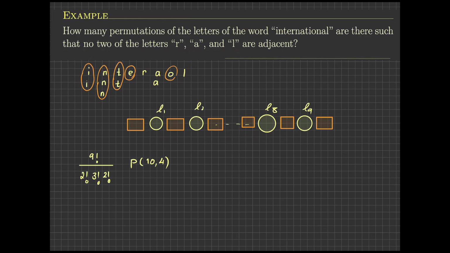But this is not correct unless we divide by 2 factorial. Let us consider this formula: it considers the case that A's are different. For example, let me write something here.